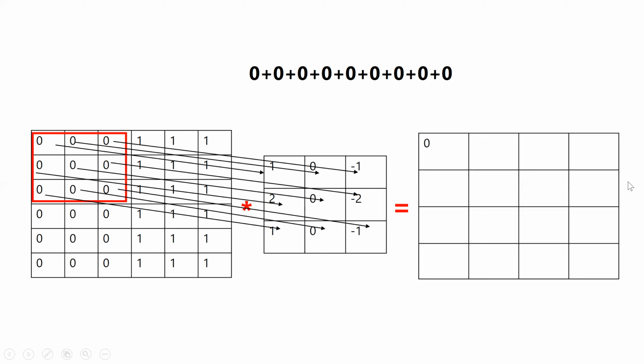We move to the third row. 0 into 1, 0. 0 into 0, 0. 0 into minus 1, 0. Same, because in this particular 3 cross 3, every element is 0. Even though we have the values, when we multiply any number with 0, we get 0. Once multiplication is done, we sum up the entire value.